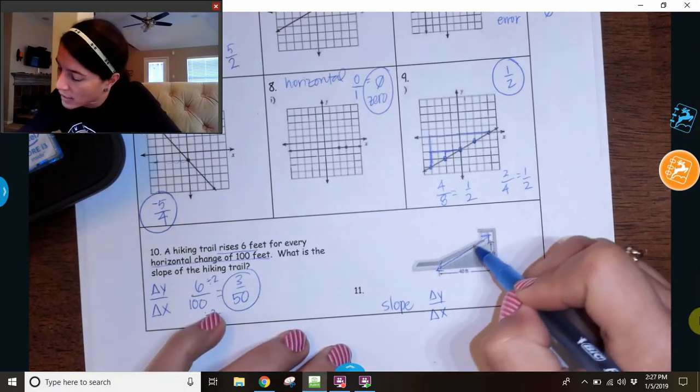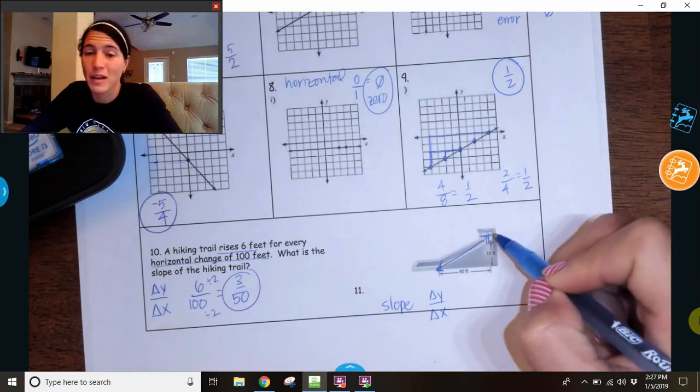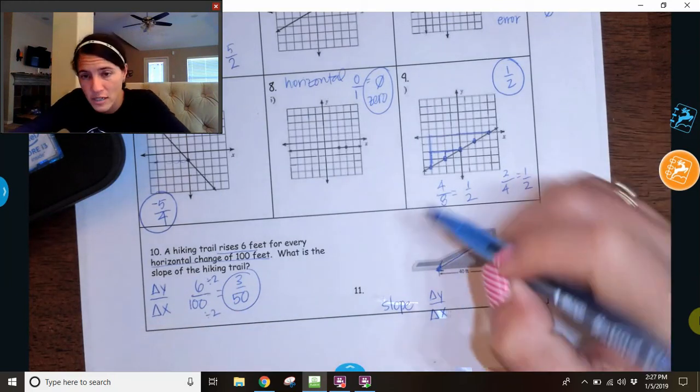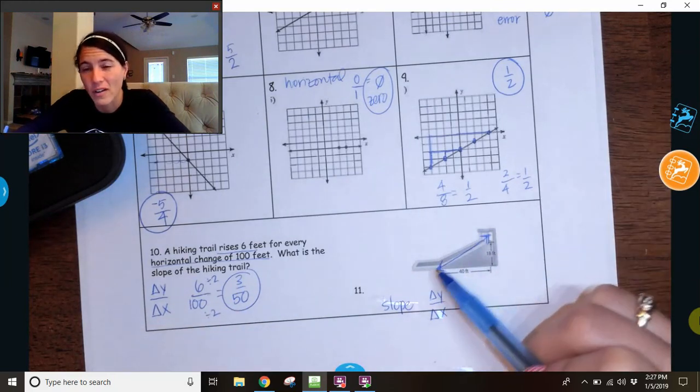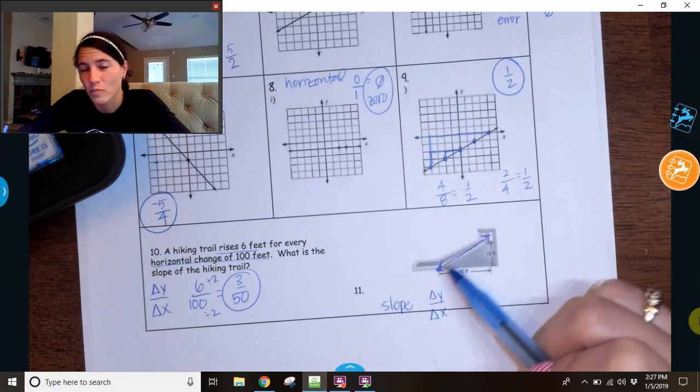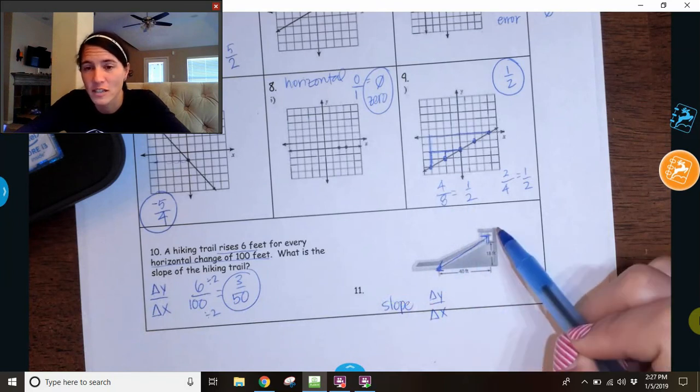So this slide, from left to right, has a positive slope. I know that you go down a slide, but the direction of the slide is positive.